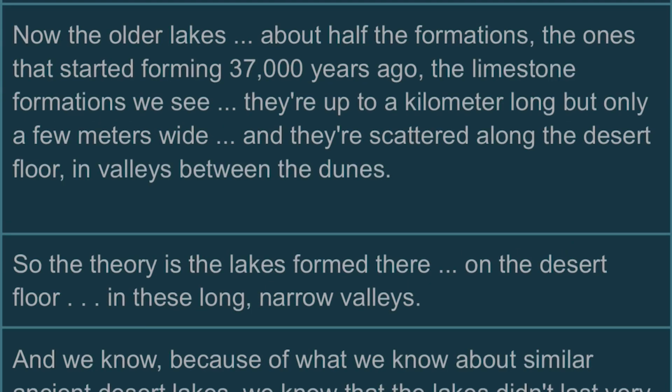Now, the older lakes, about half the formations, the ones that started forming 37,000 years ago, the limestone formations we see, they're up to 1 kilometer long, but only a few meters wide, and they're scattered along the desert floor in valleys between the dunes. So the theory is the lakes formed there on the desert floor in these long, narrow valleys.